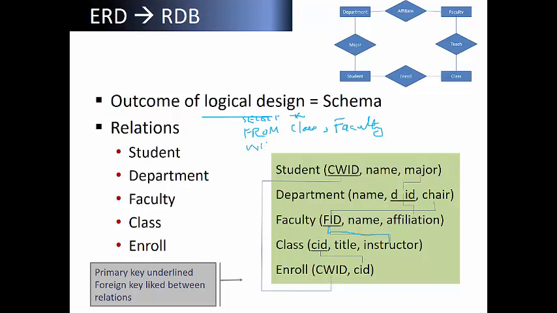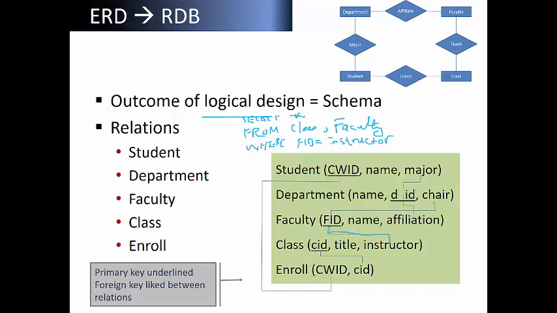If we join, then there should be a join operation. How can they be joined? They need to be joined based upon faculty ID in faculty and instructor in class. So FID, the faculty ID, should be the same as instructor. And then we go further.